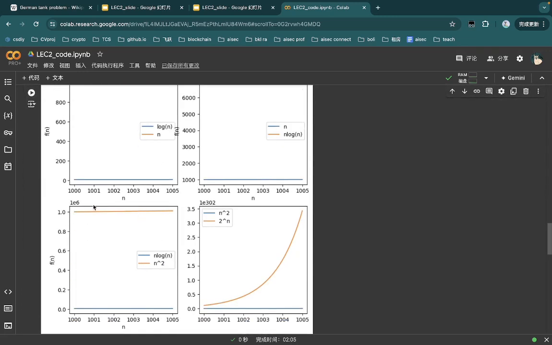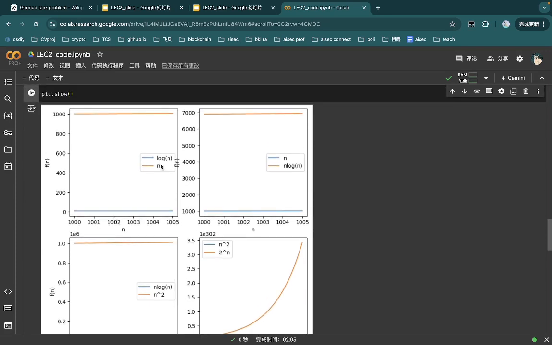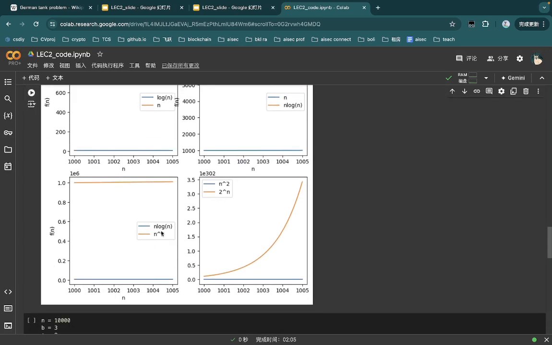And here the x-axis, which is n, is 1000 to 1005, and n and log n already have a very large gap, right? So log n can almost be omitted. Similarly, n log n is far bigger than n, and n squared is far bigger than n log n. And by the way, 1e6 means 10 to the 6 here. So the y-axis is actually 1 multiplied by 10 to the 6.